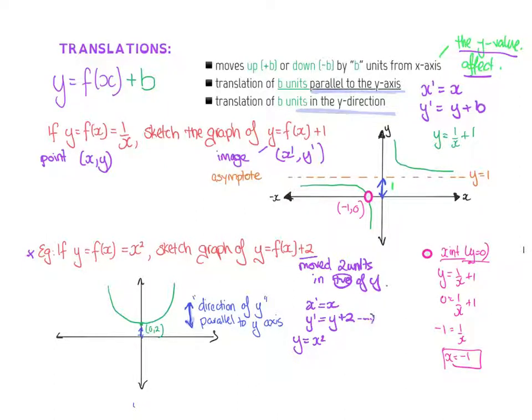So if you put these new things in where you see y and where we see x into the formula, we'd have y minus 2 equals x dash squared, and we can see that you essentially get y equals x squared, and if we move that 2 over, it'd be plus 2. So you can see how using the image point, we can create the formula for it.